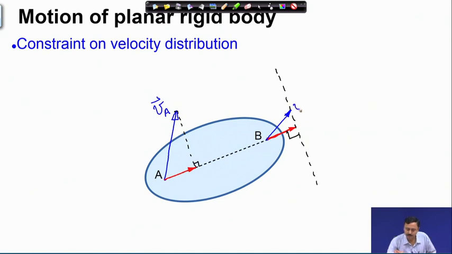So, this could be VB, this could be VB. So, any vector starting from B and ending on this line is a valid velocity vector for point B. So, any of these vectors are valid velocity vectors at point B, because their projection along AB is same as the projection of VA along AB, so that the distance AB cannot change.